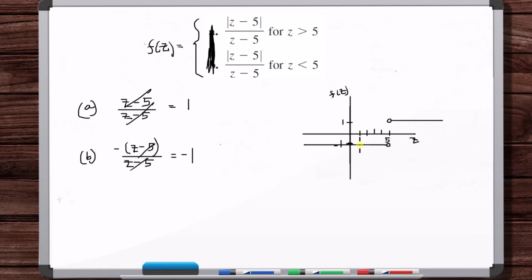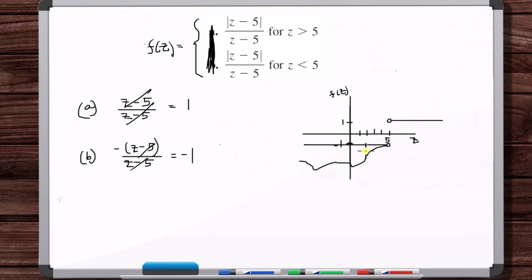And so you see, you can do all kinds of typical analysis that you would do on a regular function when z is less than 5, right? This is a regular function here. It's a horizontal line, but it could be anything. Once you simplify the absolute value, it could be any kind of function.